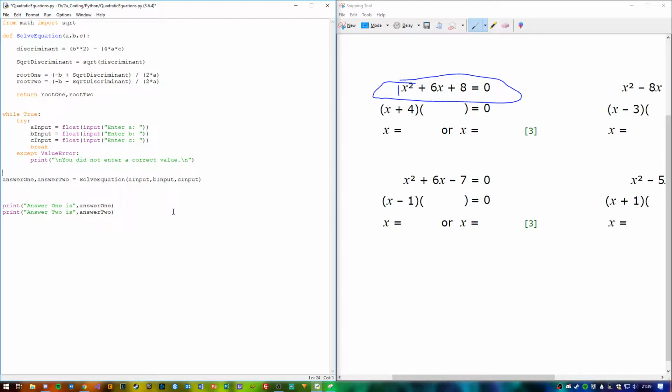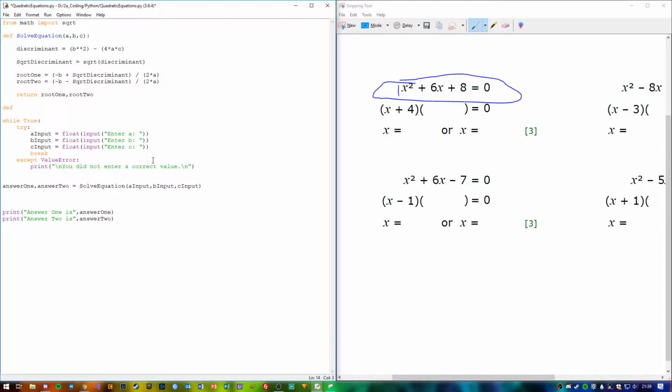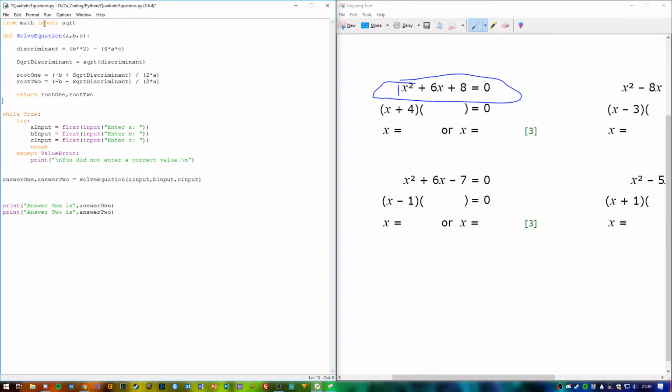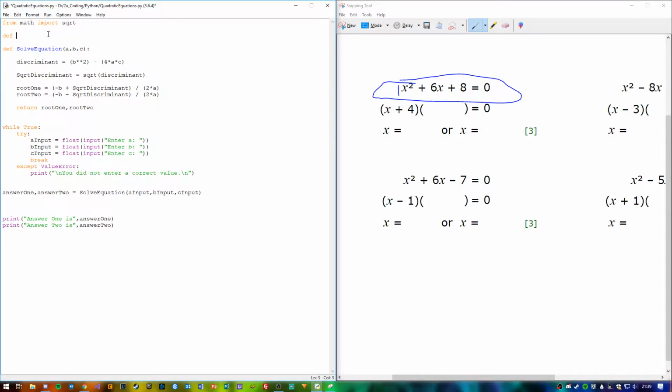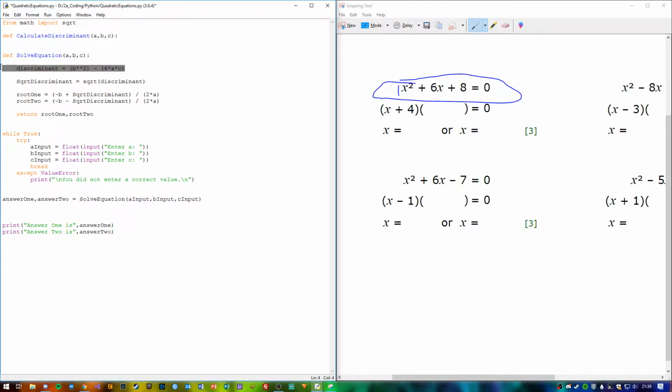Actually, to make this even cleaner, we can make another function called calculate discriminant and put that up here. Def calculate discriminant with a, b, c, and then we could just return this line here.